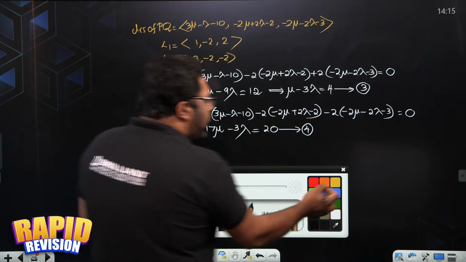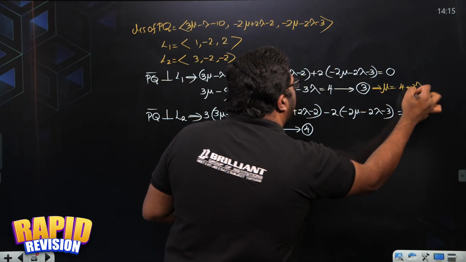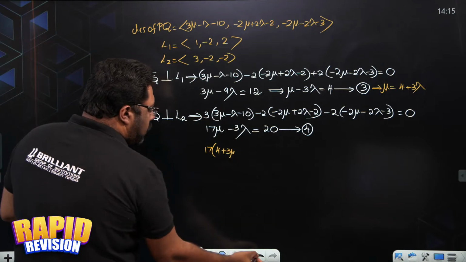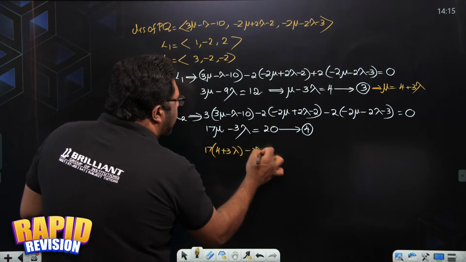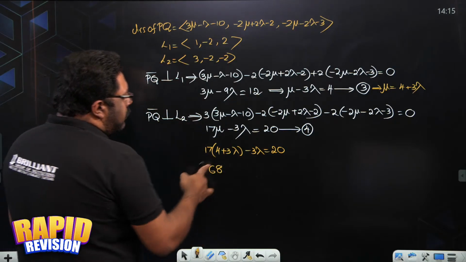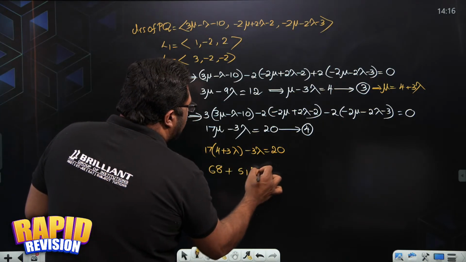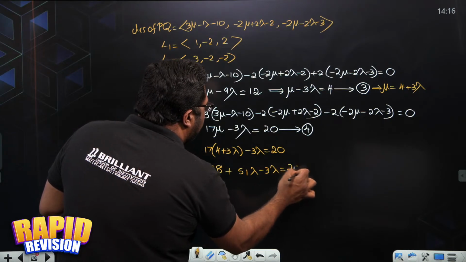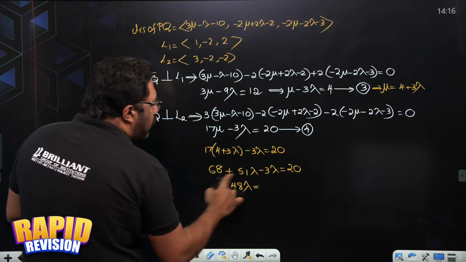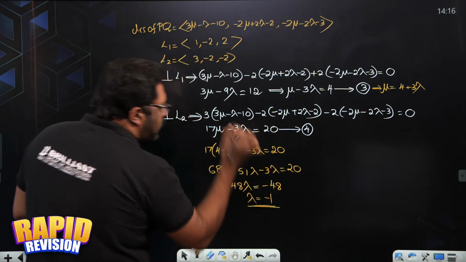Better, no need to go for elimination. From here you can say mu is equal to 4 plus 3 lambda. Substitute here: 17 into 4 plus 3 lambda, minus 3 lambda equal to 20. 17 fours are 68, plus 17 into 3, 51 minus 3 lambda equal to 20. 51 minus 3, 48 lambda equal to minus 48, lambda equal to minus 1.